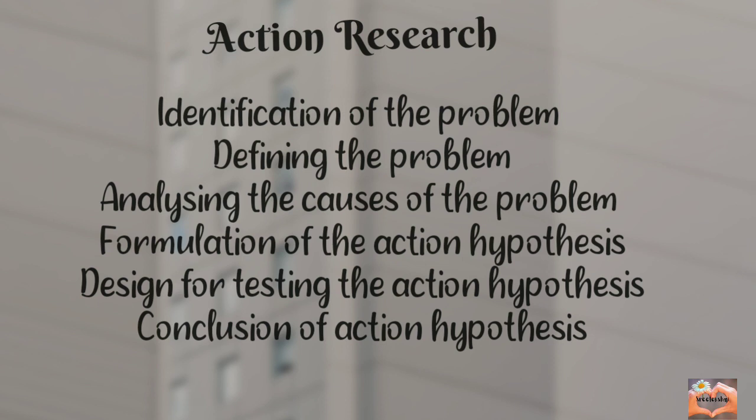Then there will be formulation of an action hypothesis. Then after that, there will be design for testing this action hypothesis, probably finding the solutions to the problems after the identification of causes. Then at last, we will come to the conclusion of the action hypothesis.